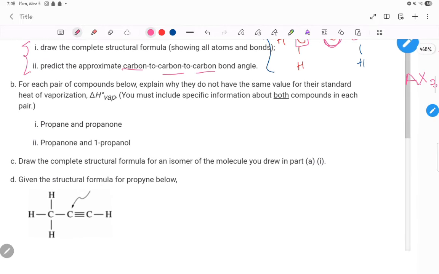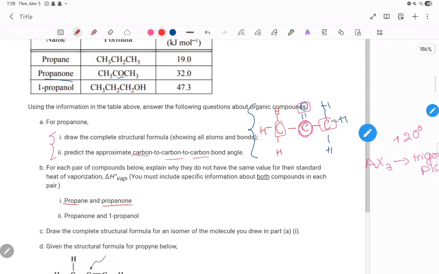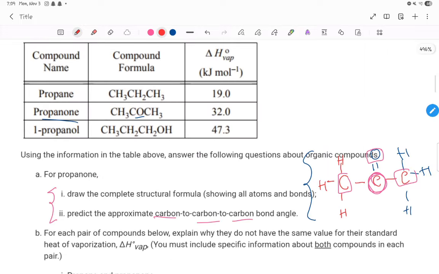What does it say? It says, for each pair of compounds below, explain why they do not have the same value for their standard heat of vaporization. For propane and propanone, why do they not have the same delta H? Now, what did we say? Remember, anytime it is only carbon and hydrogen, then directly it's non-polar, okay? So that means propane is non-polar and propanone is polar.